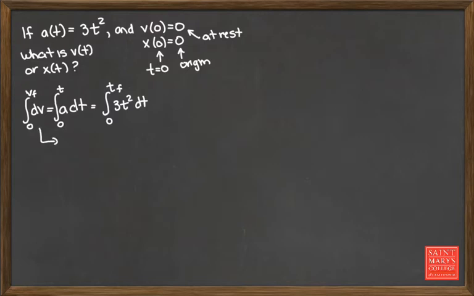This guy here is again just v final minus v initial, which in this case is just 0. This guy here is 3t cubed divided by 3, using the power rule for integrals, evaluated between the final time and the initial time, which is just 0. You can see this is just the final time cubed.